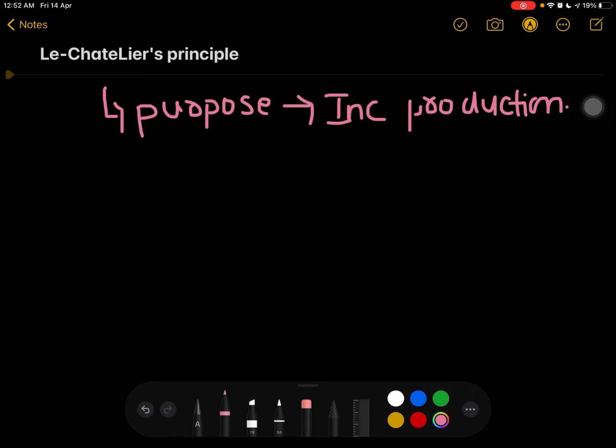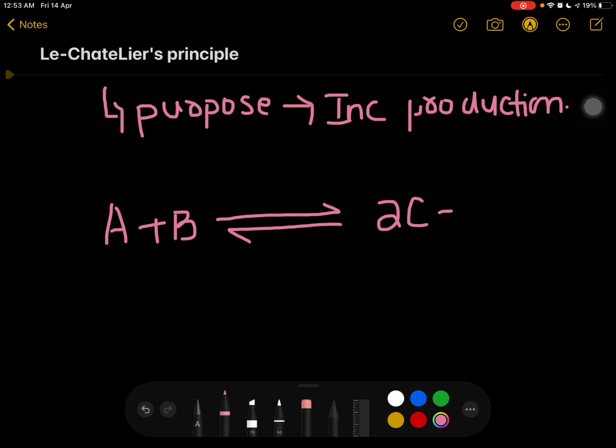Well, consider we have a reaction, for example A plus B, in equilibrium, produces 2C plus D. So this reaction is at equilibrium, right?